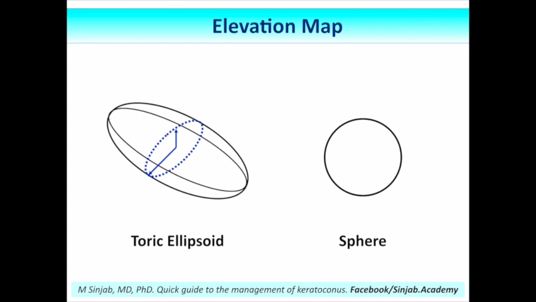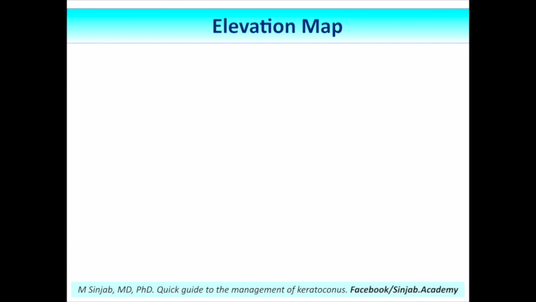When should we use the toric ellipsoid to study the cornea, and when shall we use the spherical surface? Now, when I want to highlight the shape of something, I should put this thing among things that are not similar to it.